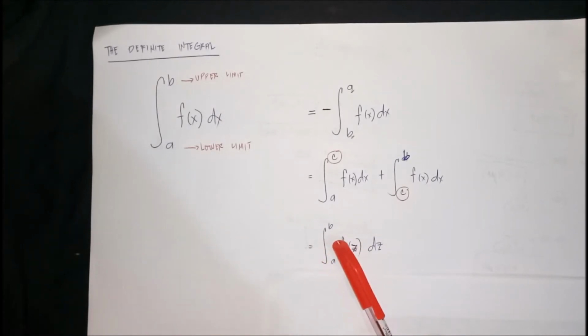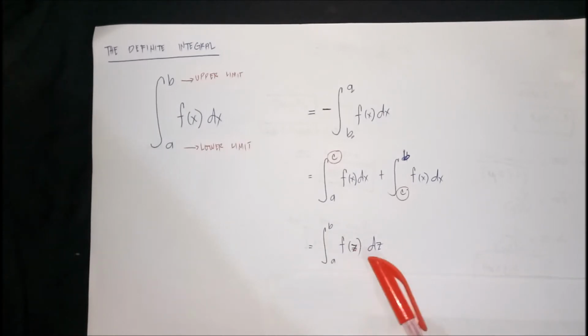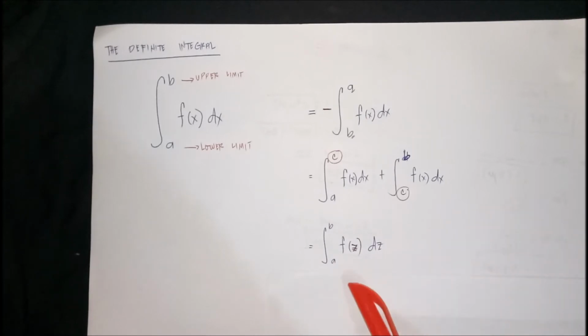Okay? So, the definite integral of a given integrand is independent of the variable of integration. It doesn't matter kung anong variable of integration mo. Pwedeng z, any variable will do. Okay? So, that is our definite integral.